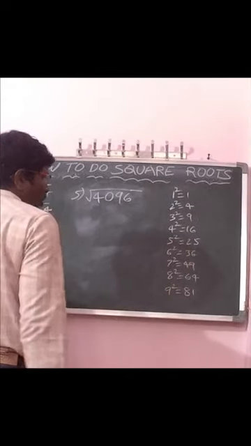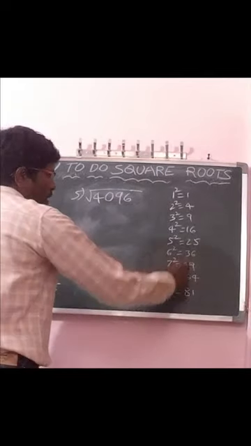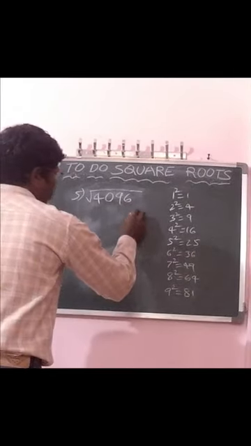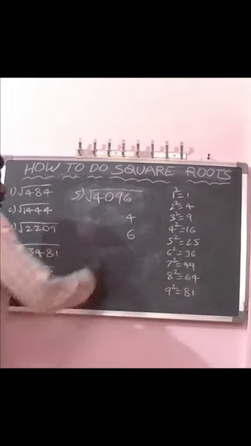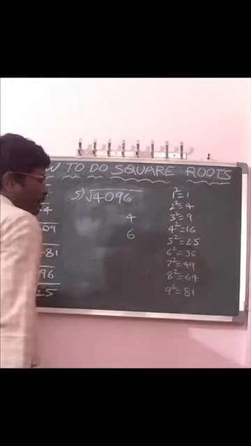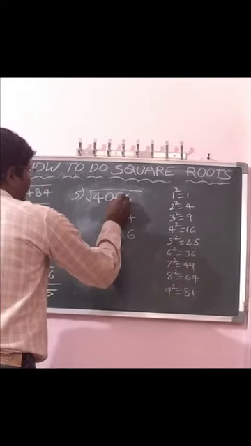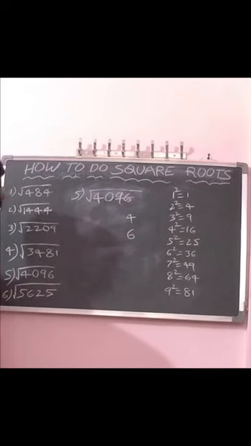So in the square values, 4 square is equal to 16 and 6 square is equal to 36. So now we can take 4 or 6 in the unit place. Now we can cancel the last two numbers. So after cancelling the two numbers, 40 remains.